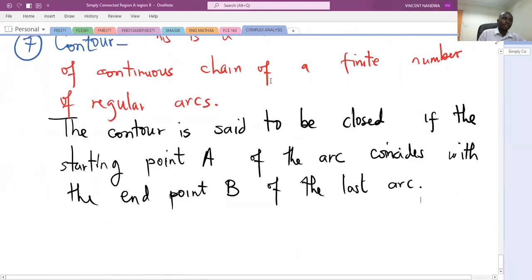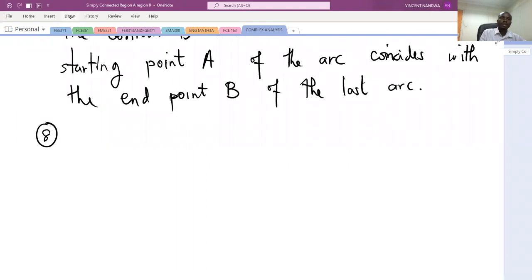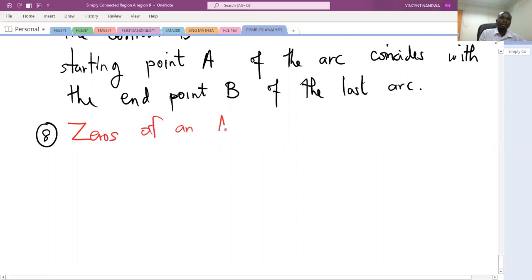And then number 8, the last one in this session, we define what we call zeros of an analytic function.